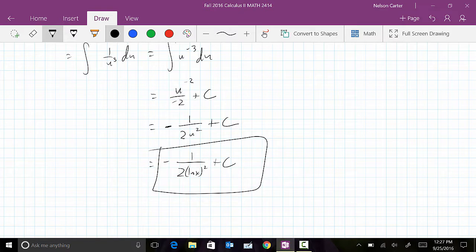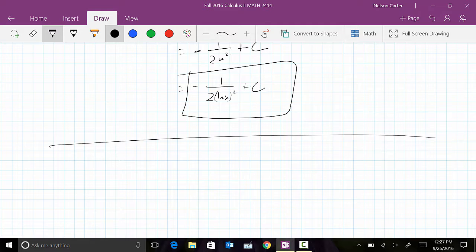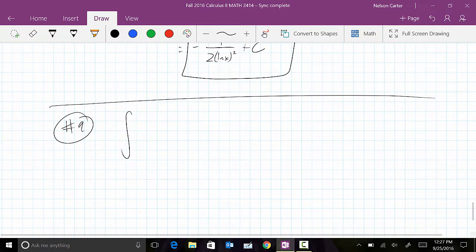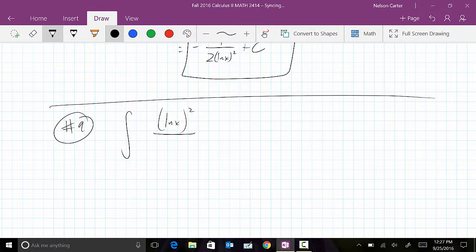Okay, that was number 8. Let's do number 9. We have the integral of the ln of x, all squared, divided by x dx. This is going to be the same kind of deal.